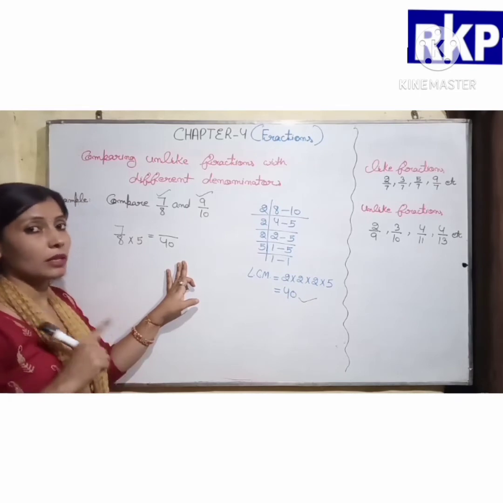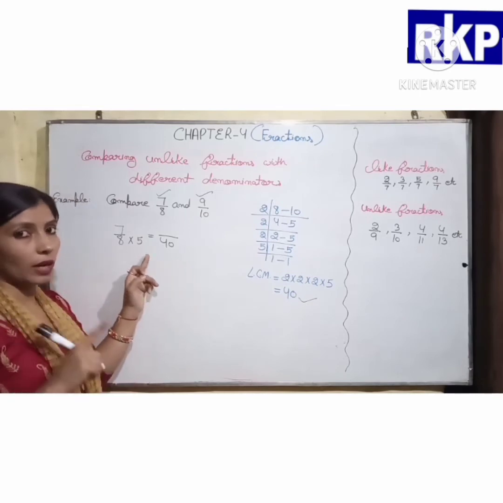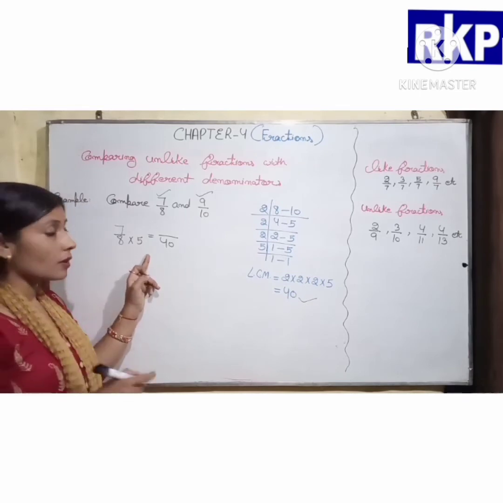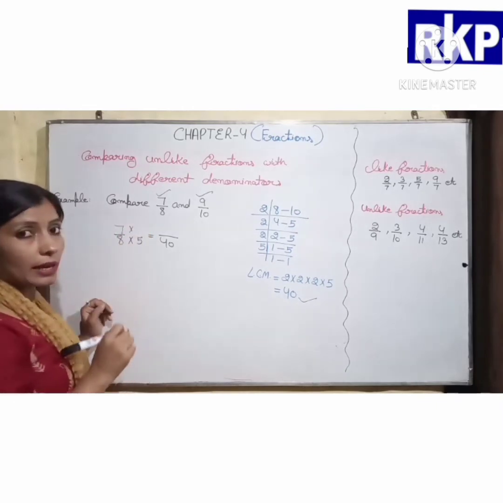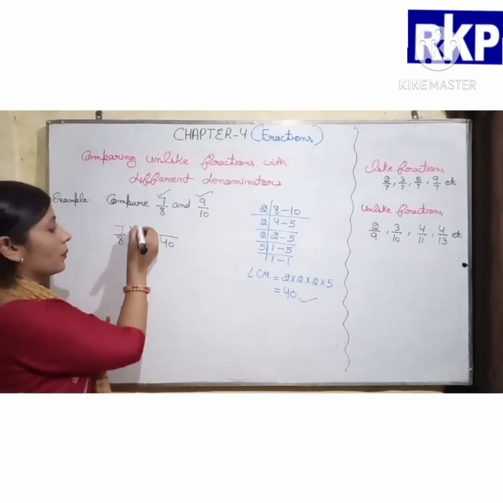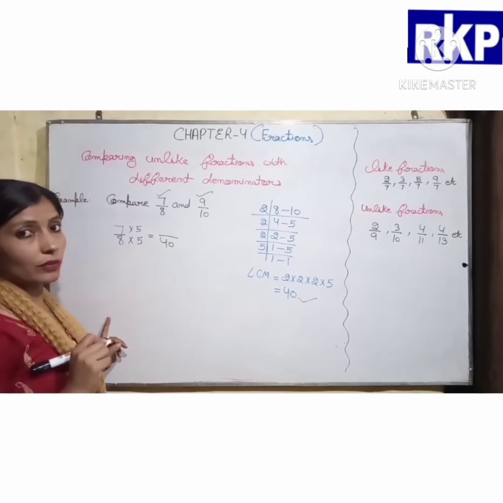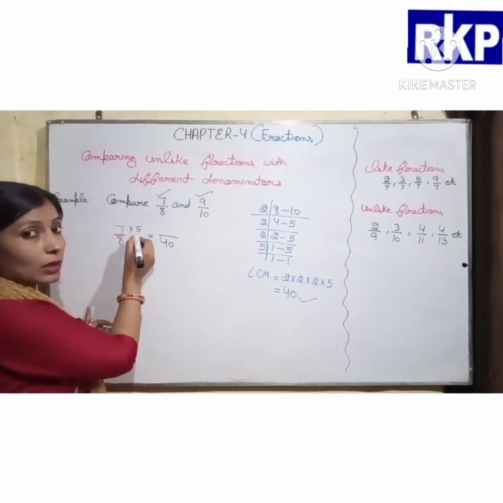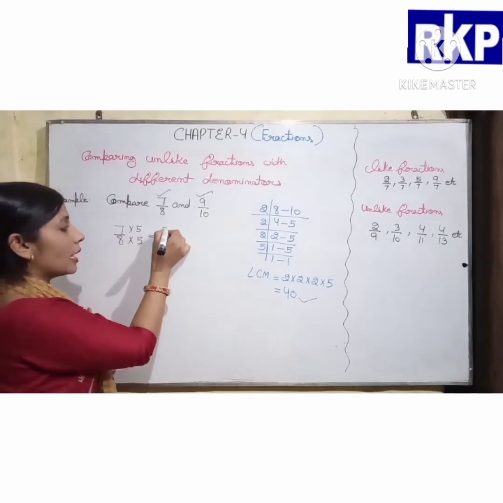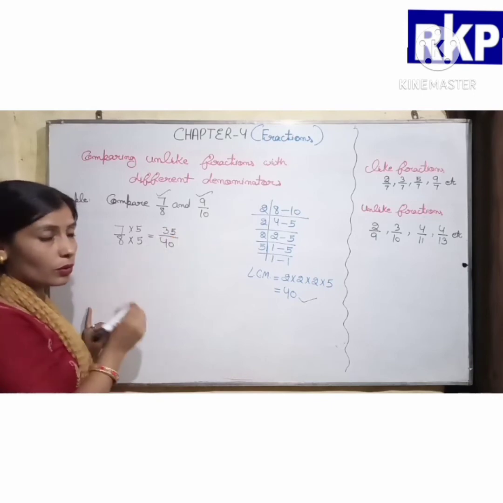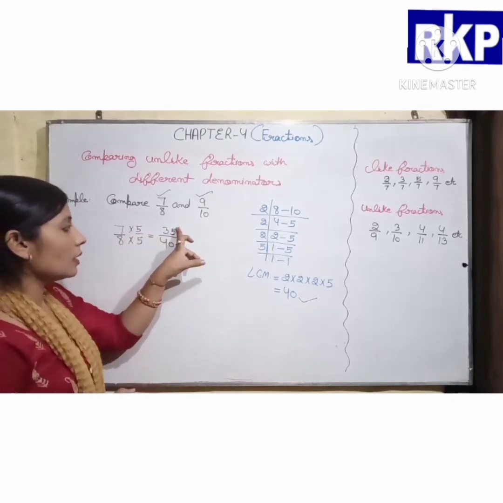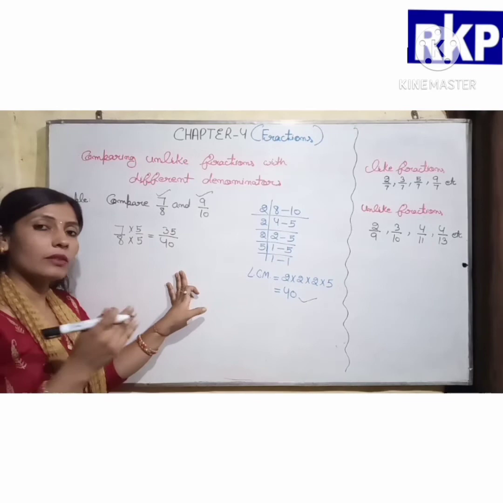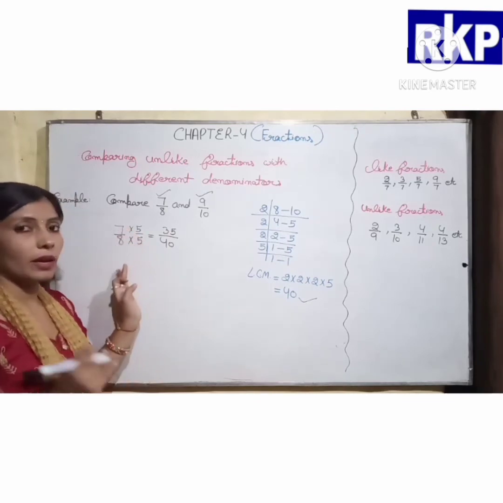And if we multiply the denominator with 5, then we need to multiply the numerator also with 5 to get an equivalent fraction. So when we multiply 7 with 5, we get 35 by 40. So 35 by 40 is an equivalent fraction of 7 by 8.